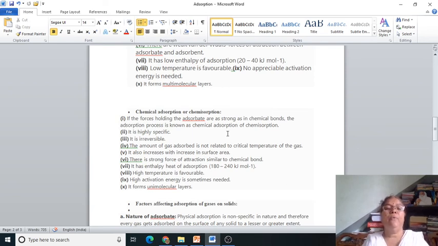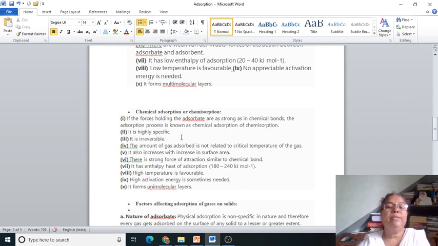Here, when the forces holding adsorbate and adsorbent are strong as in chemical bonds, then that adsorption process is known as chemical adsorption, or simply chemisorption.